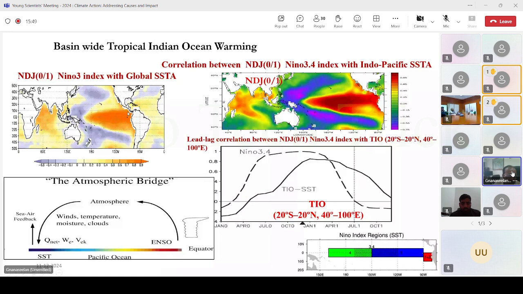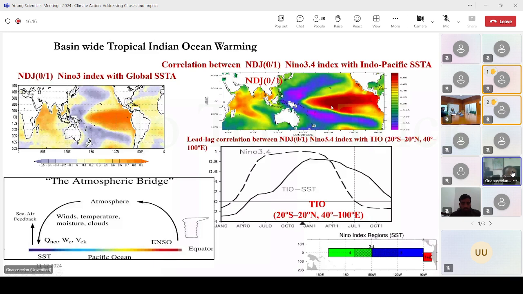This figure is a correlation between the NDJ, November to January, Nino 3 SST anomalies and the global SST anomalies. You can see a pattern. Here you see El Nino, and you will see the corresponding warming over the Indian Ocean. Similarly, the same thing can be seen in the Nino 3.4 index also.